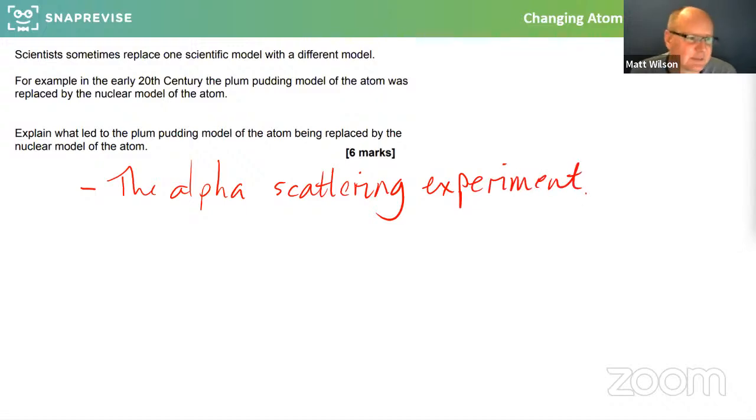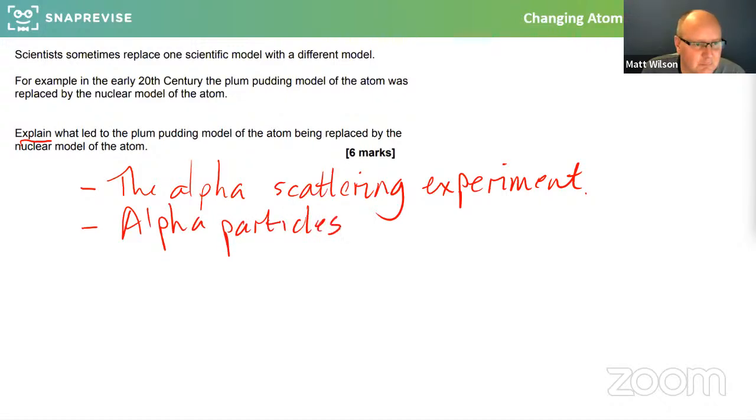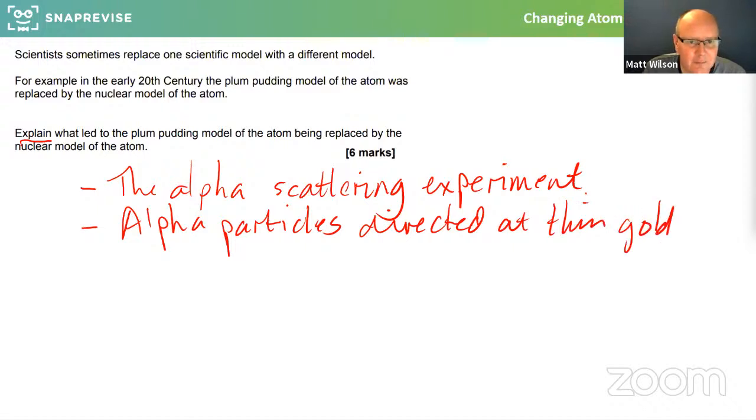So the alpha scattering experiment led to the plum pudding model being disproved. A little bit of description: it wants an explanation. So what do we do in the alpha particle scattering experiment? Alpha particles were directed at thin gold foil. Most of them pass straight through.